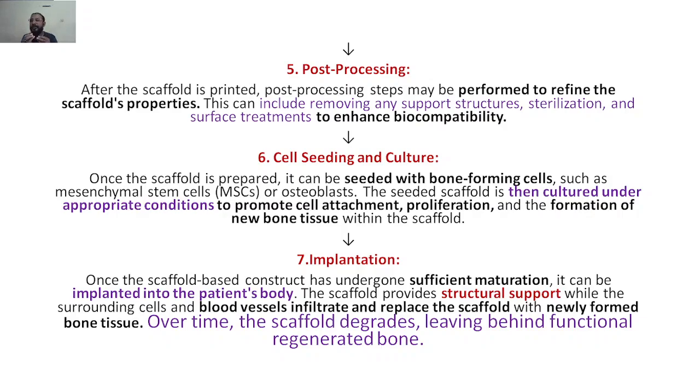Cell attachment is required because it should grow for implantation and all. Next, proliferation, in the sense that cells will start developing and eventually grow to form a tissue. And finally, formation of the bone tissue within the scaffold.